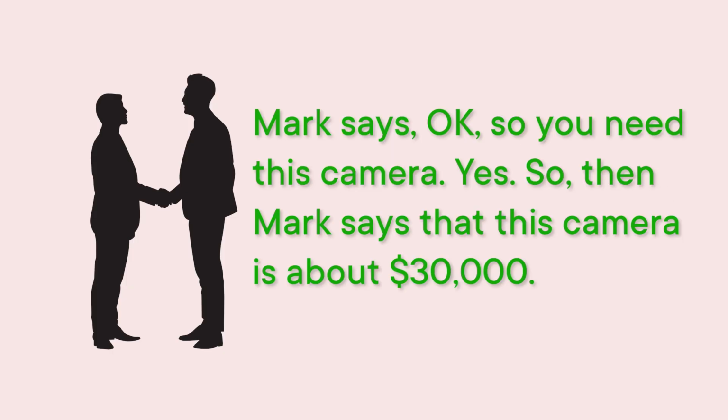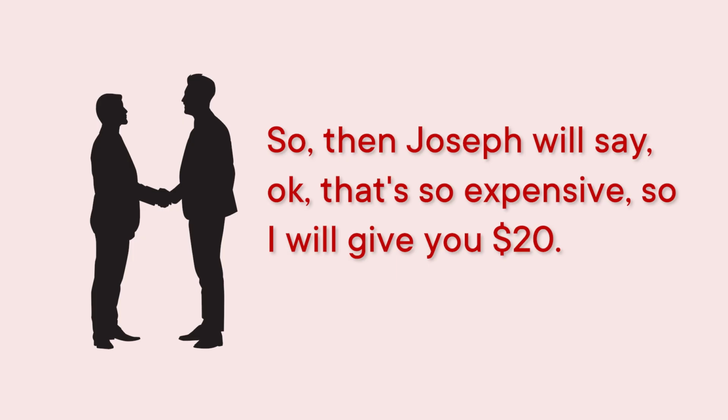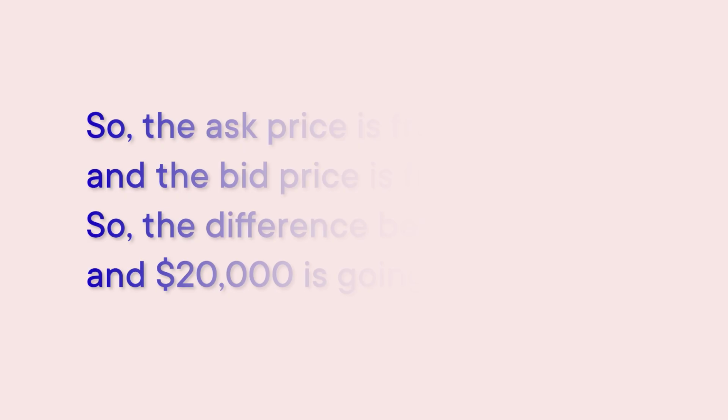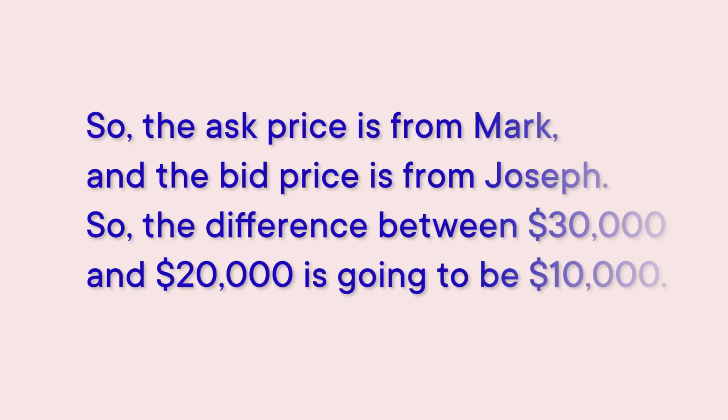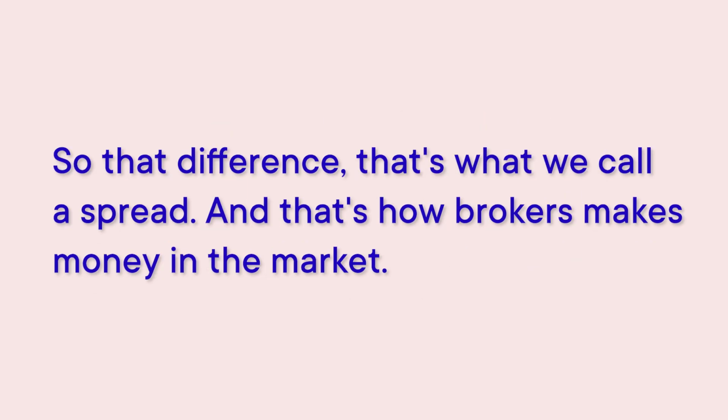Then Mark says that this camera is about $30,000. Joseph says, okay, that's so expensive, so I will give you $20,000. So the ask price is from Mark and the bid price is from Joseph. The difference between $30,000 and $20,000 is $10,000. That difference is what we call a spread, and that's how brokers make money in the market.